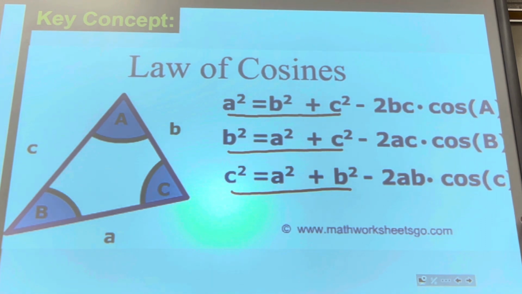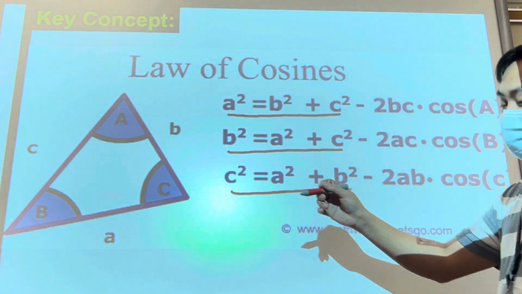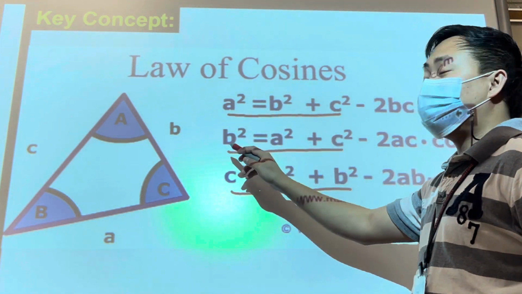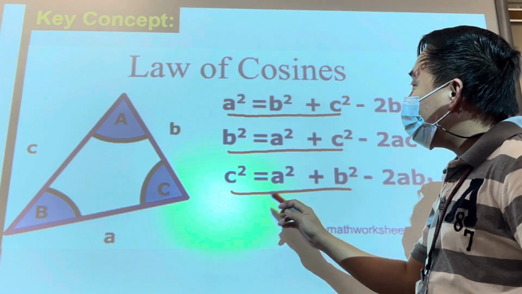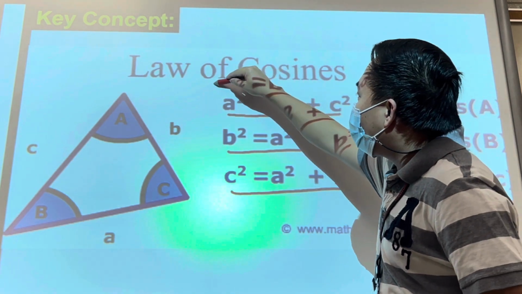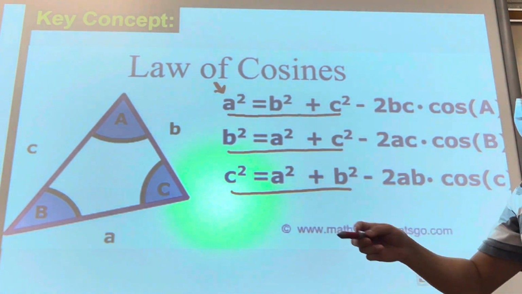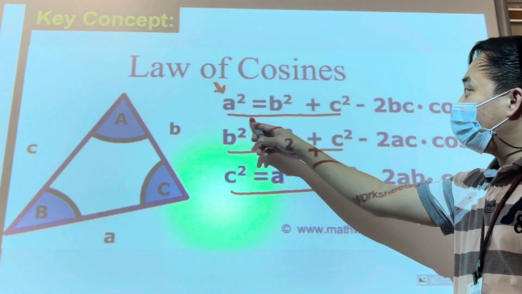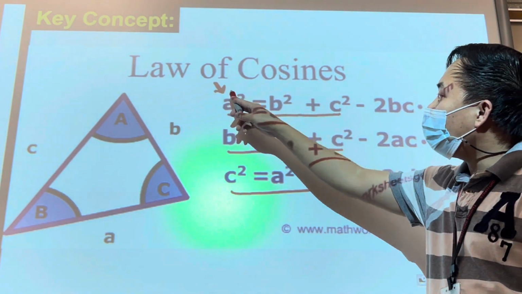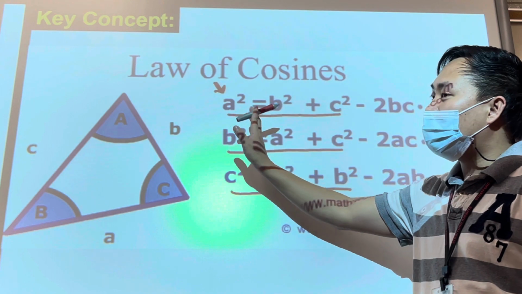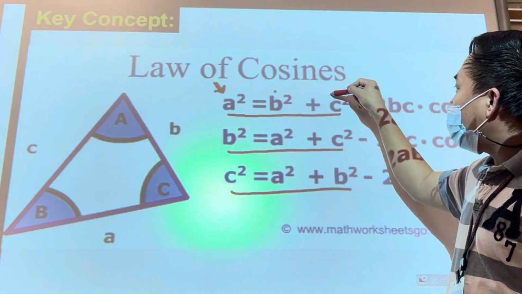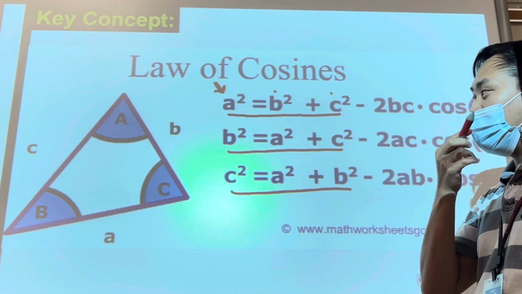Okay? And these are lowercase, meaning these are sides of the triangle. If you're looking for the side A, you'll use the first equation. And if you notice, A is the missing side on the left. B and C are the two given sides.